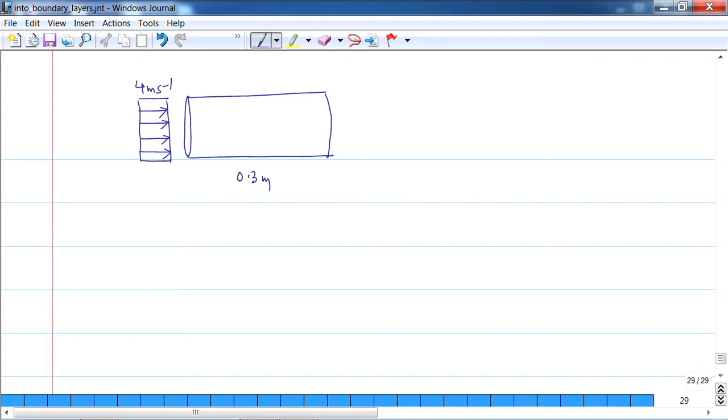So, then the question is how will the center line, okay, how will the, say I am going to call this x, say y.